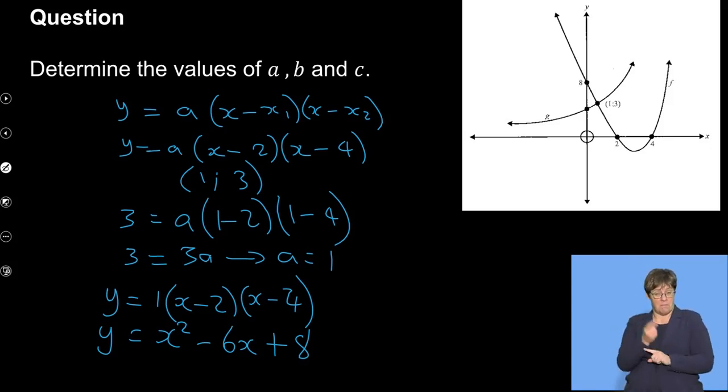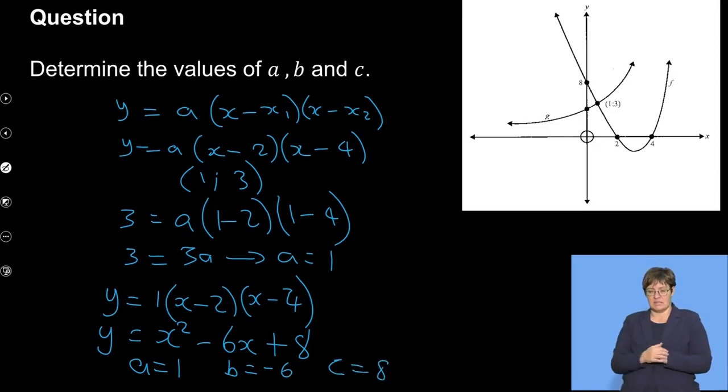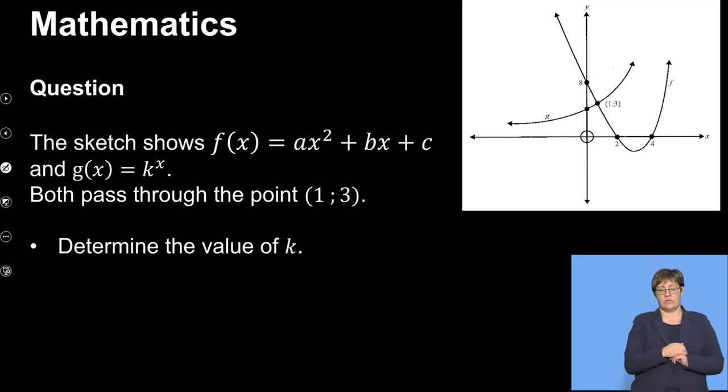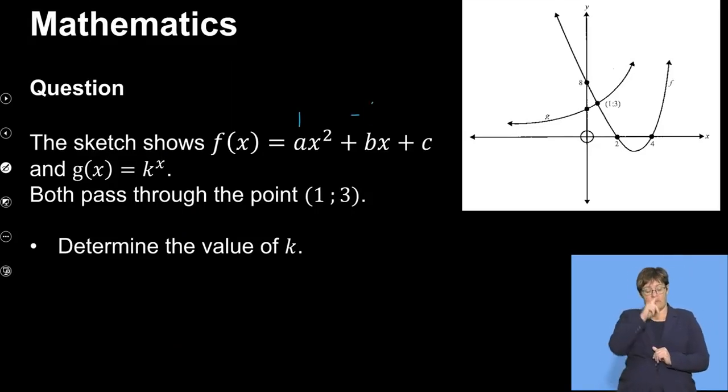I know by now you need to be familiar with that. It will be a equals 1, then b equals minus 6, and then c equals 8. You will need to write them down because the question wanted you to determine the values, right? So 1, minus 6 and 8. Let's just remember it's 1, minus 6 and 8.